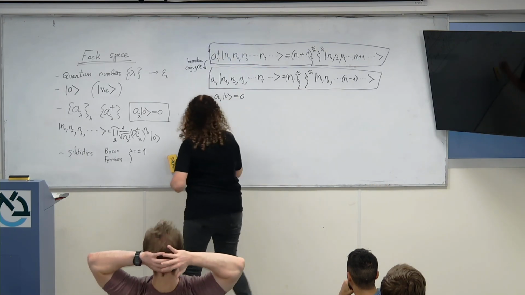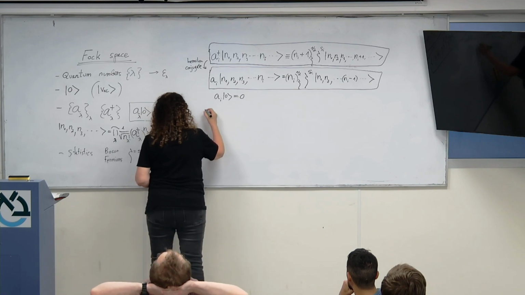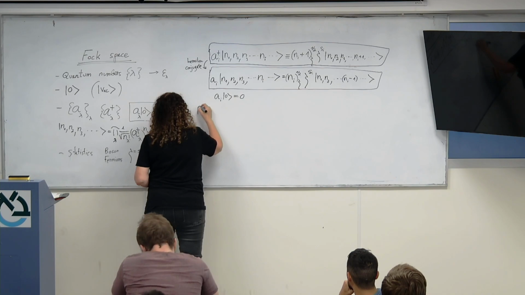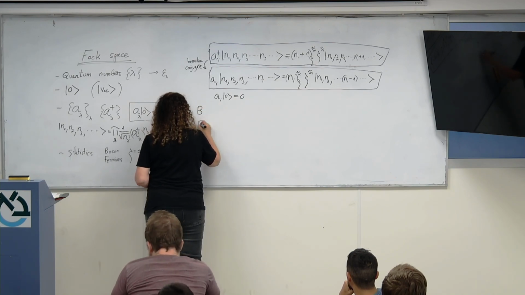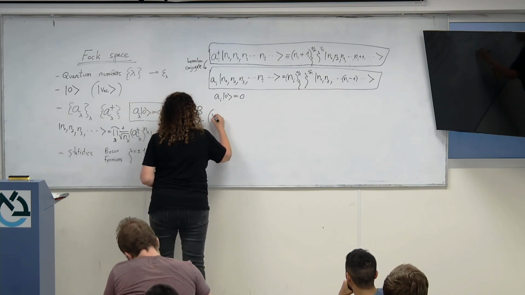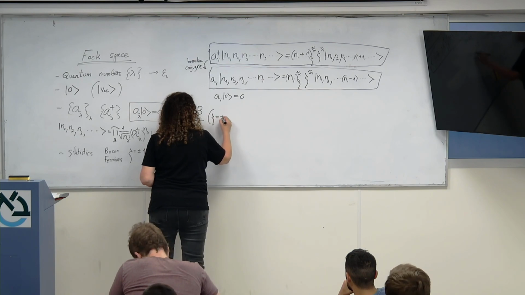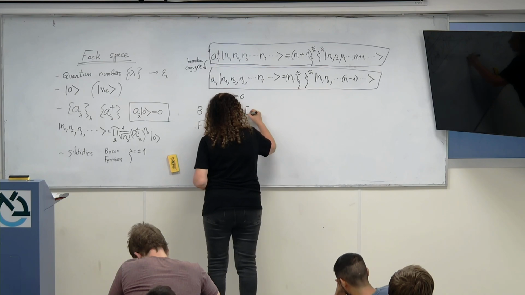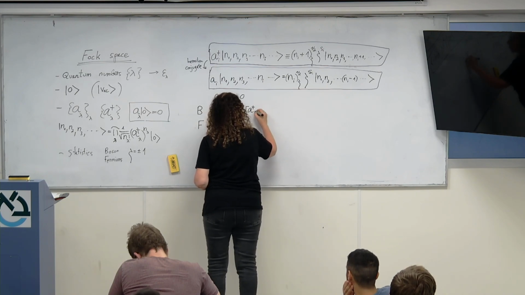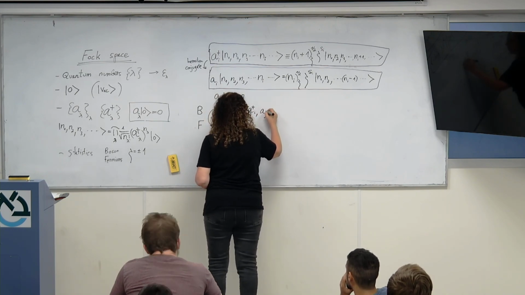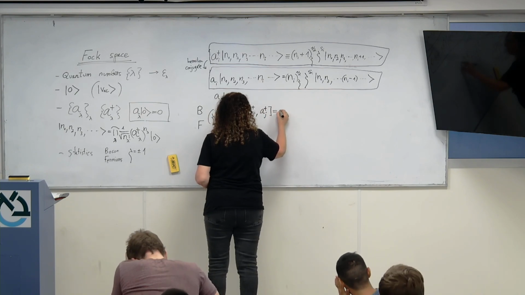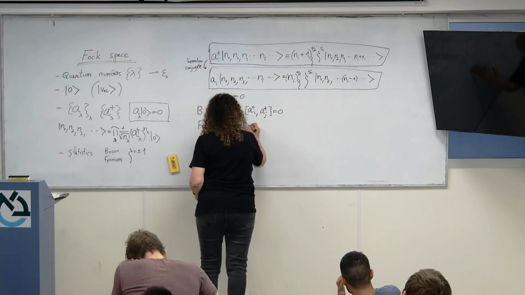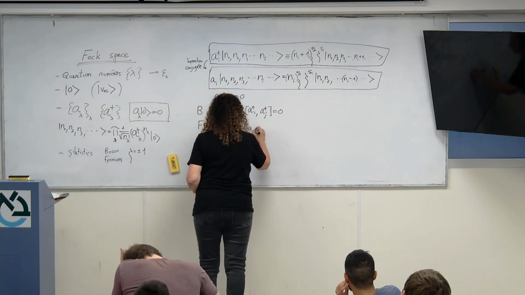So we already found that for bosons and fermions, or equivalently zeta equals plus or minus, the A daggers obey that their commutator is 0 for any i and j, and for fermions it's the anti-commutators.